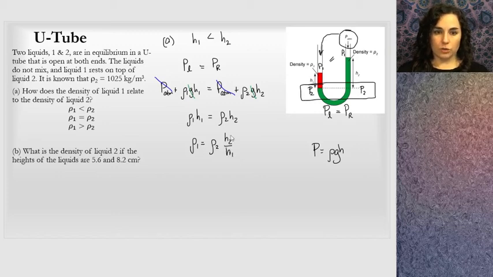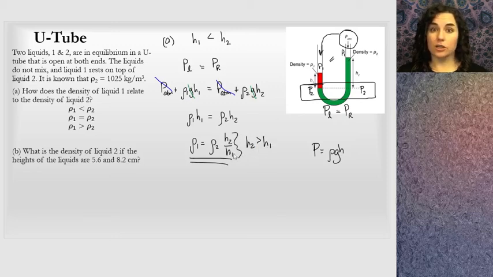Okay, so when I look at this, h2 is greater than h1, so this factor here is greater than 1, and so I'm going to get rho 1 is greater than rho 2. Because I'm multiplying by a factor greater than 1, I'm going to get something greater than rho 2 over here, and so this will be my answer. Does this make sense?